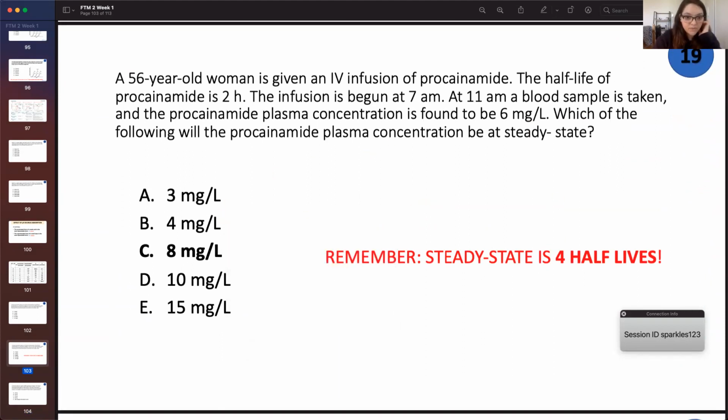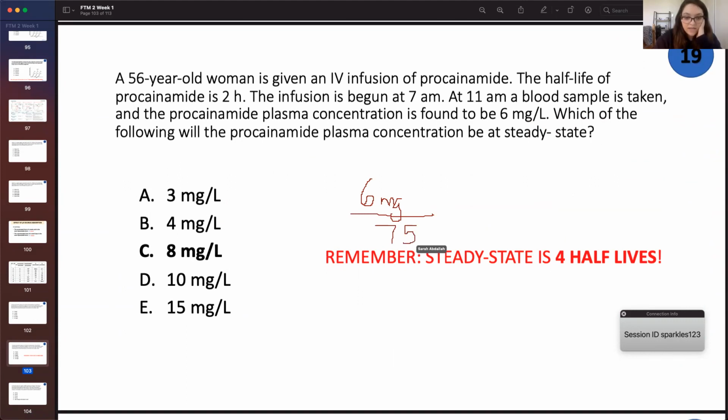Excuse my drawing, I'm totally doing this with my trackpad, but I started out with 6 milligrams. Assume that there's a per liter there, right? So 6 milligrams is giving me 75%, and that you just kind of have to know because it's 2 half-lives.